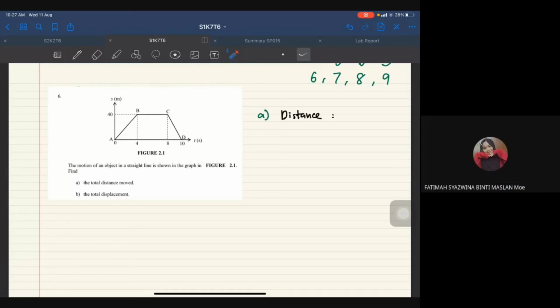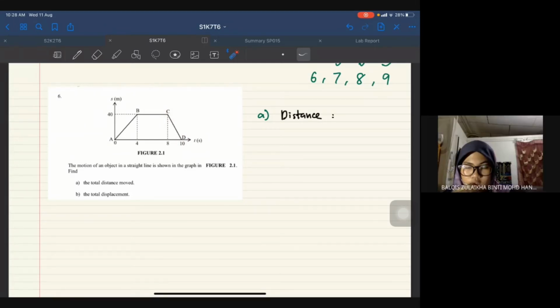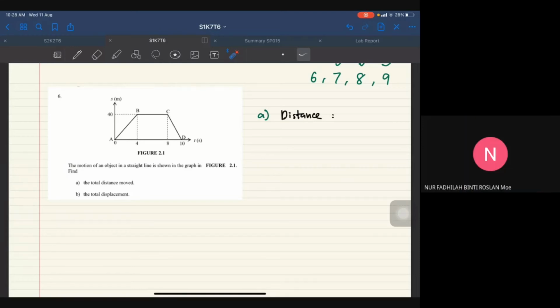Yes. Listen, maksudnya between 4 and 8 second they remain stationary. Dia tak gerak pun, dia duduk diam je kat 40 meter tu. From C to D maksudnya apa? Dia travel 40 meter betul? Betul, tapi ke mana? Dia decrease, ke kiri. Sebab dia travel patah balik. Dia patah balik ke 0 tu balik sebenarnya.